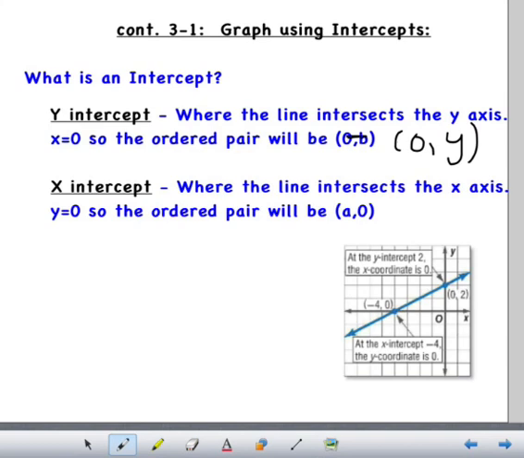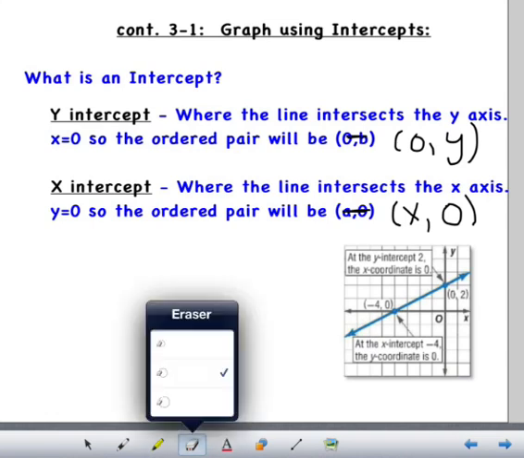The same thing is true of your x-intercept. It is where the line crosses the x-axis. So your y is going to be 0. And again, you can write your ordered pair as (x, 0), whatever your x coordinate is. Look at the graph over here. You can see there's my x-intercept. Sorry, I wrote right on top of that.